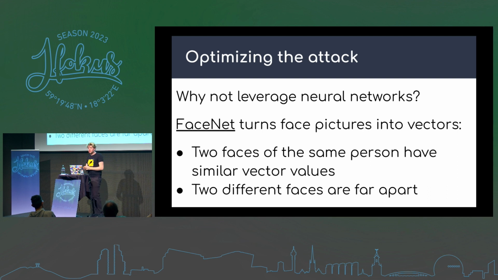And since those are vectors, so basically arrays of numbers, we can also do fuzzy matching and fuzzy indexing, so we don't have to look through all the index for a match. We can use something called KNN search to search for the closest vectors in a given database.